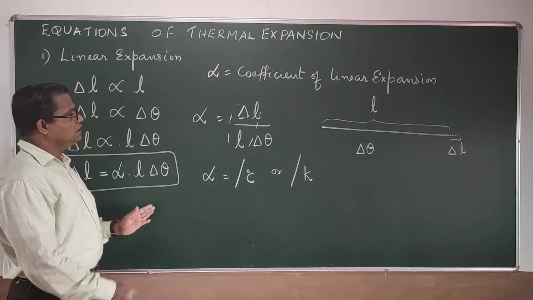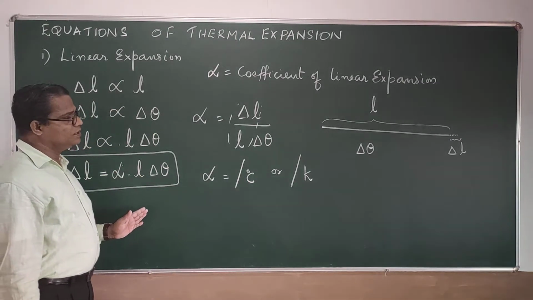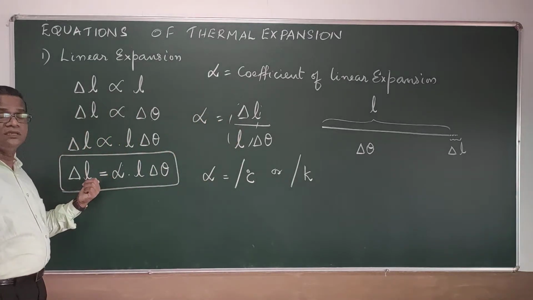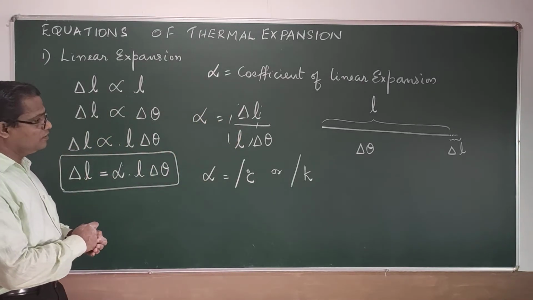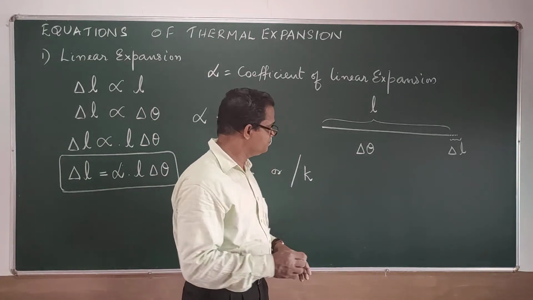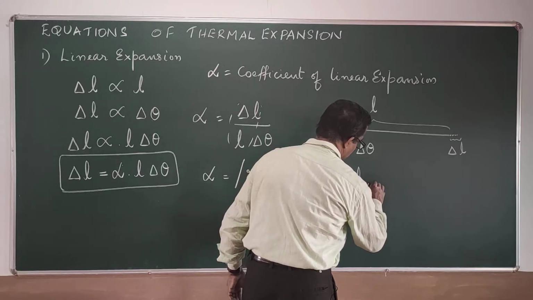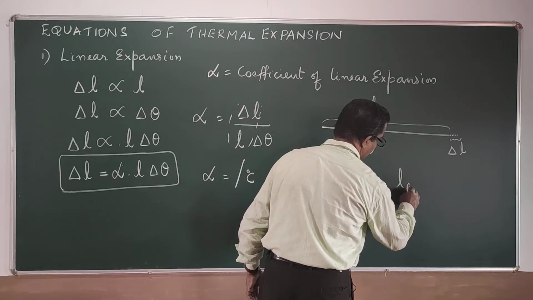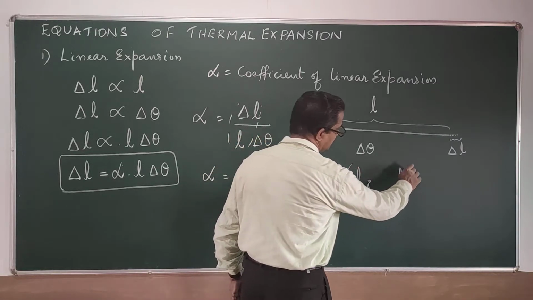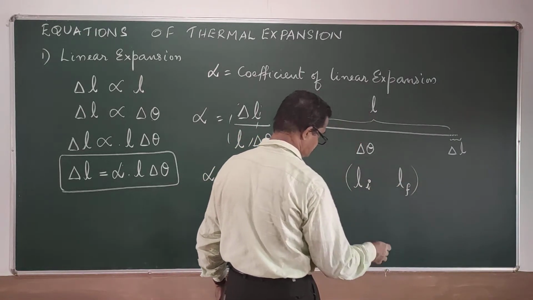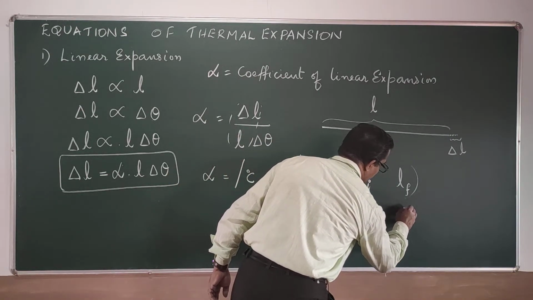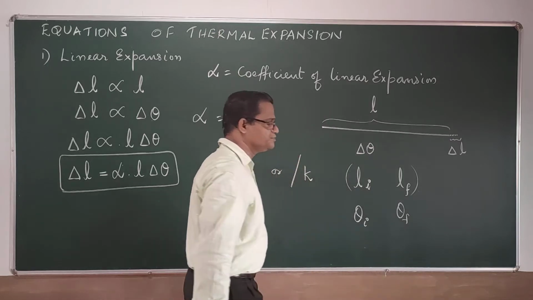So this is the things about linear expansion, and sometimes you will be expressing this in terms of initial length and final length. That means L initial and L final. So initial length and final length, if I assume, then there will be initial temperature and final temperature.